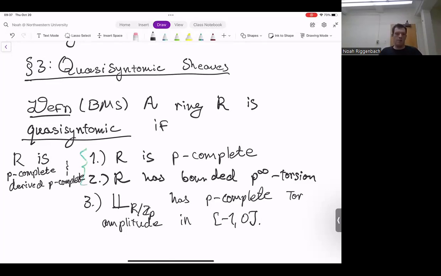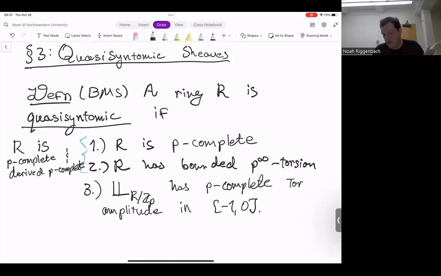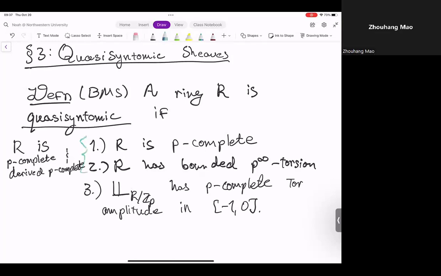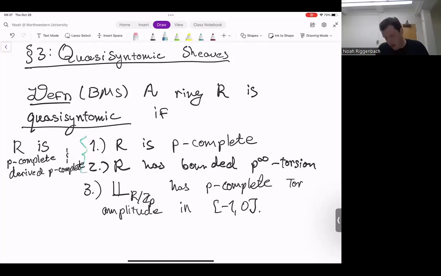But it's a helpful condition to have around, just so that we don't have to worry about the difference of these two ideas. So you are using cohomological degree convention. Yes, thank you. So this cotangent complex, when I say P complete Tor amplitude, this is cohomological degrees. So if you want to work homologically, it would be 0 to 1.